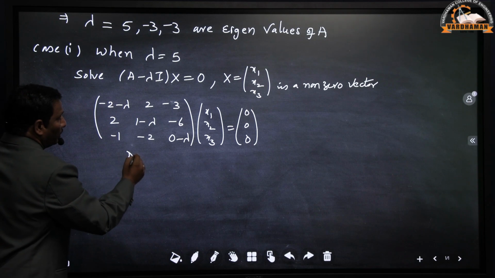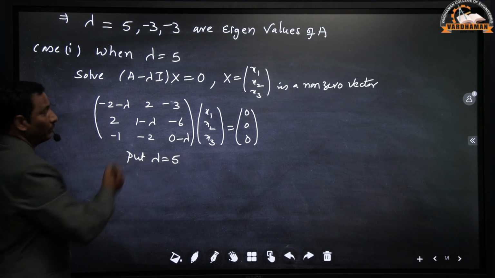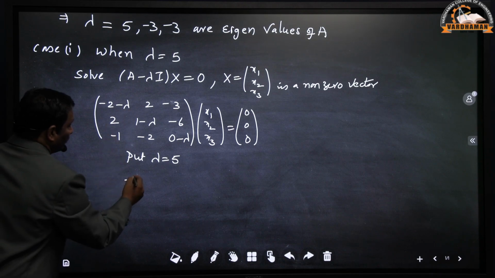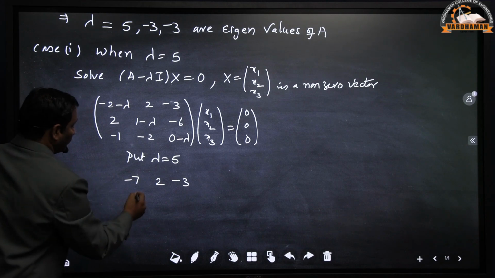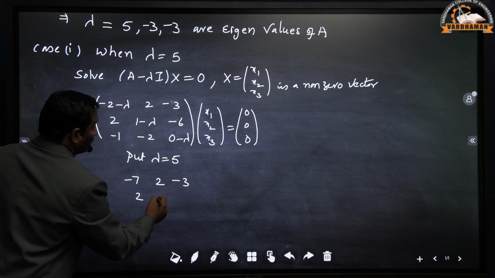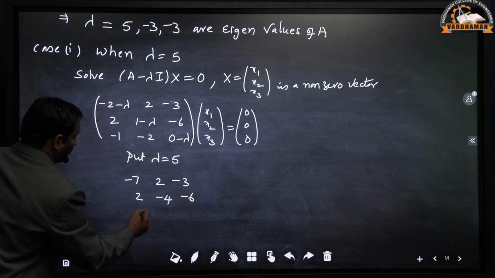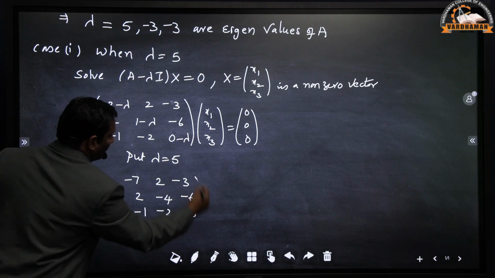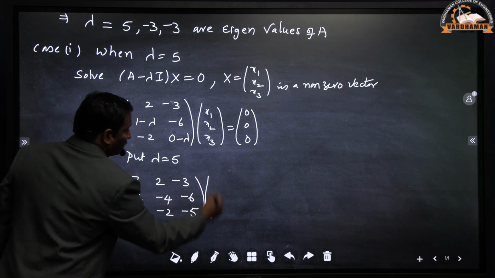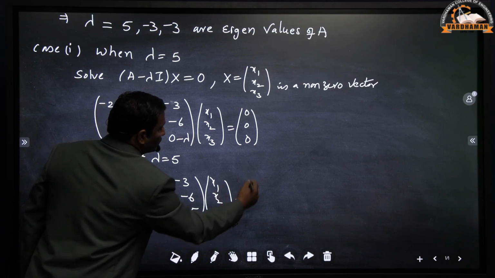Now put the lambda value. Lambda is equal to 5. So we will get minus 7, 2, minus 3; 2, minus 4, minus 6; minus 1, minus 2, minus 5, into x1, x2, x3 equals to 0, 0, 0.